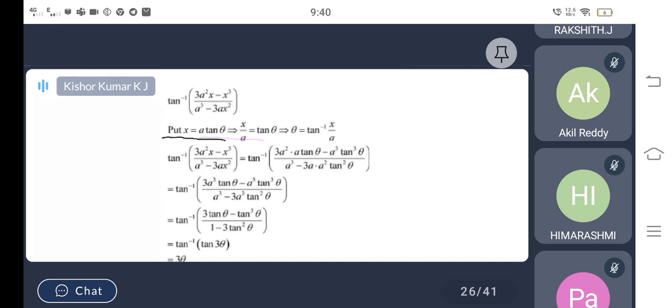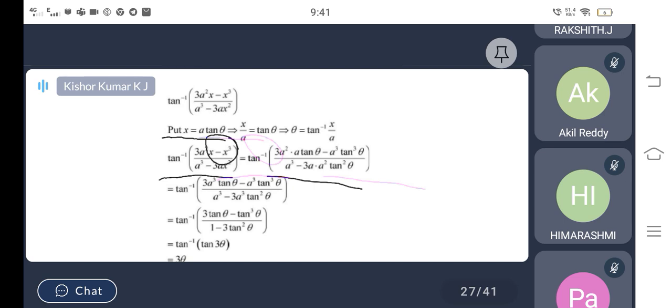After getting this, just keep on substituting the values we have considered. Wherever you have an x, just replace that x as a tan theta. Consider the problem as it is. Within the bracket, wherever you have an x, consider it as a tan theta. You can observe tan inverse of 3a square into a tan theta minus a cube tan cube theta, because here we have an x cube.